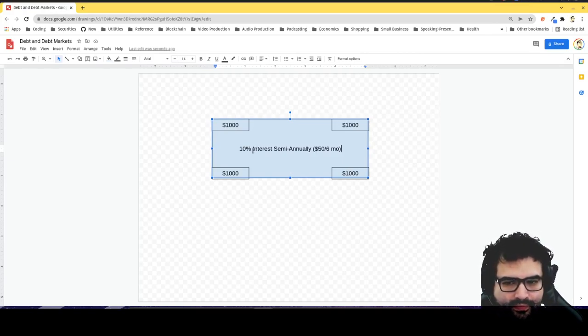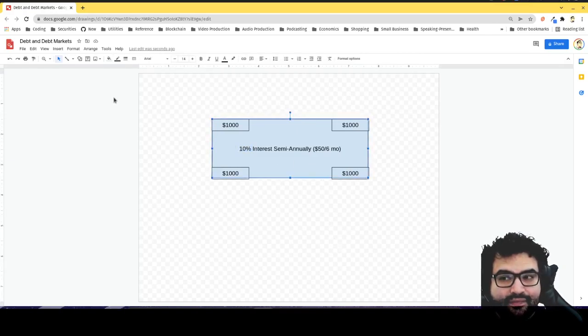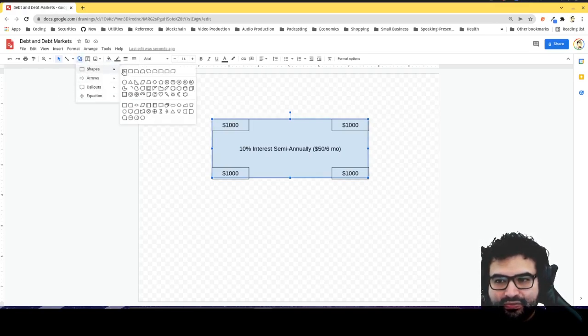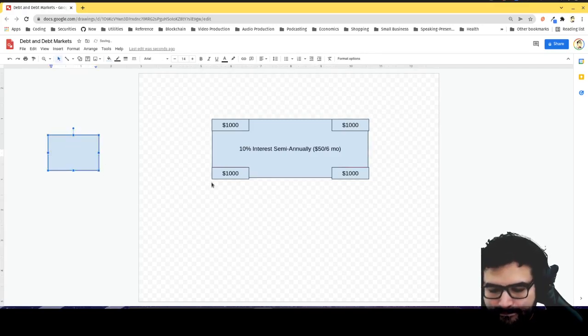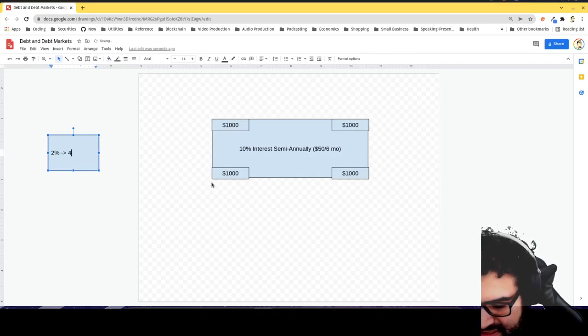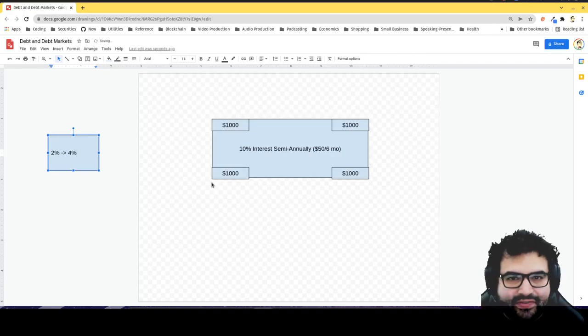Okay. So that's the deal there. So again, the original price is $1,000, but interest rates change. Theoretically, let's say the government T-bills went from 2% to 4% because of lots of inflation, and rates have to go up in response to that inflation.